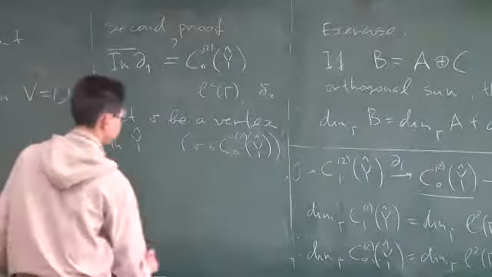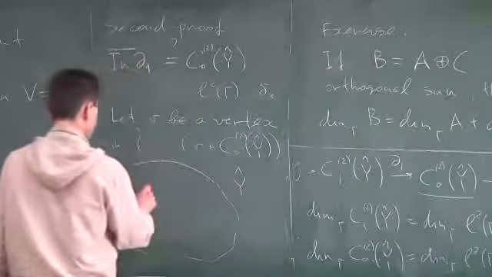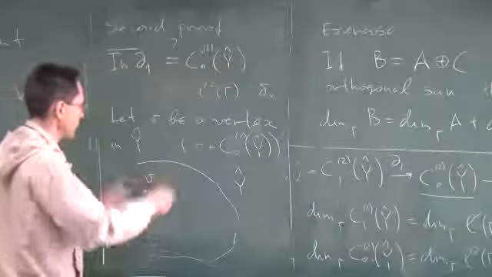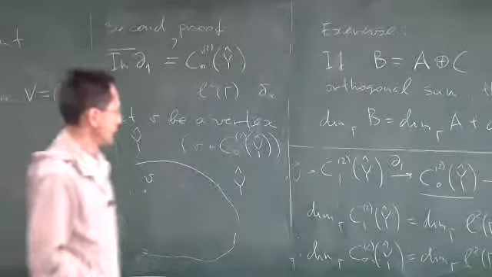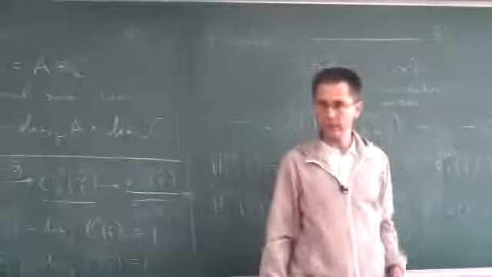So here is our graph y hat, and here is V. So I'm drawing a general picture, right? And what I'm assuming here is that this y hat is infinite.